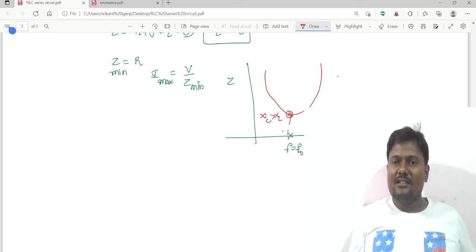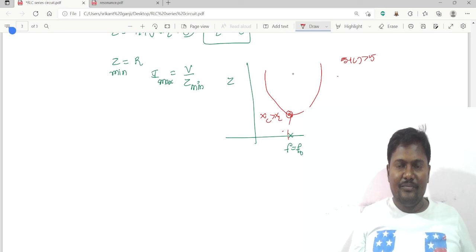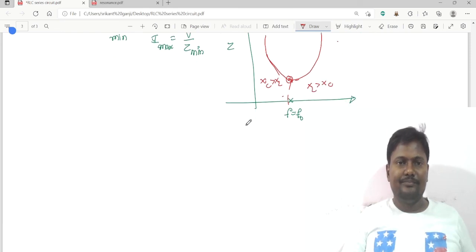At higher frequencies, XL is greater than XC. If you observe, 5 plus something is greater than 5, right? So this value will be more, and as the frequency increases, the Z value decreases to R. Again, as the frequency increases after the resonance condition, the Z value increases. It looks like a V shape.